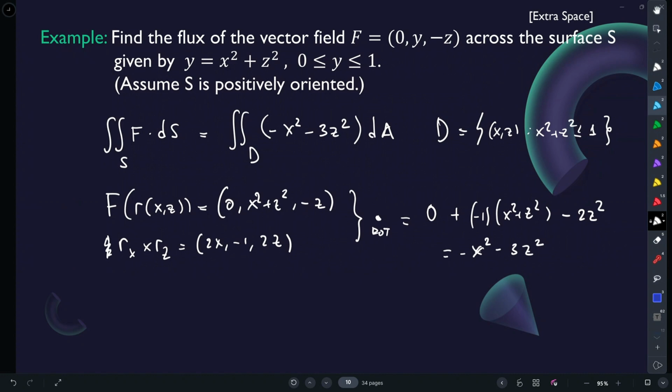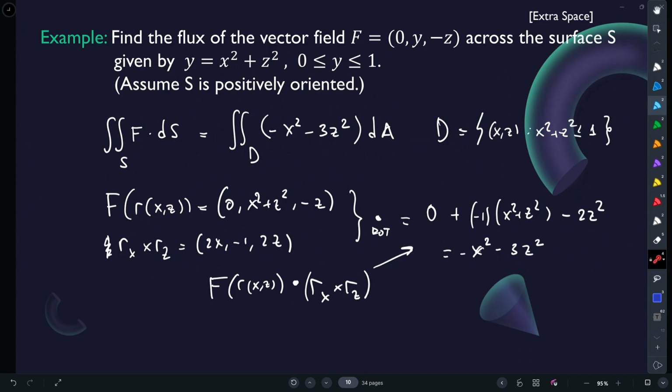Before I do that double integral, any questions about the setup of this vector field integral? Yeah, so this over here is F of r(x,z) dot with rx cross product rz. So I'm doing this coordinate times this coordinate, 0, this coordinate times this coordinate, this, and this coordinate times this coordinate is minus 2z squared.